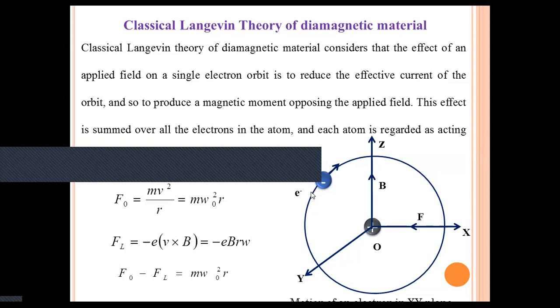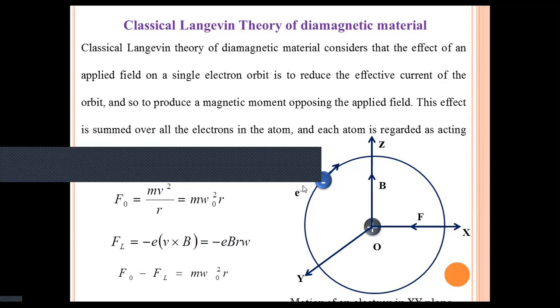In this video, we will discuss the classical Langevin theory of diamagnetic material. In our previous lectures, we have already discussed the origin of magnetism, different types of magnets, dia, para, and ferro, magnetization vector, magnetic moment, and magnetic susceptibility.